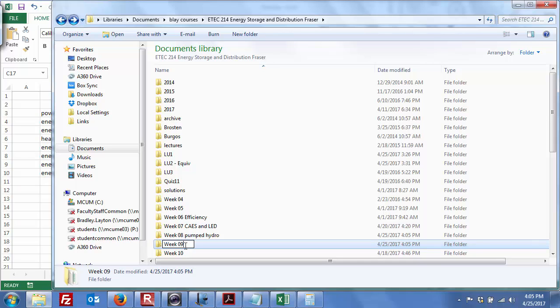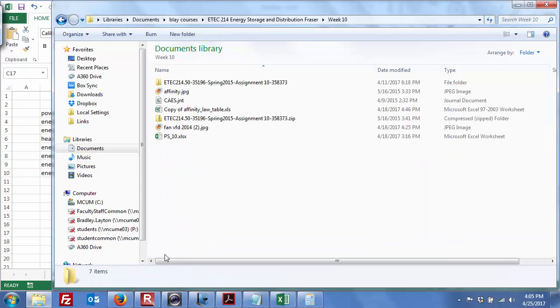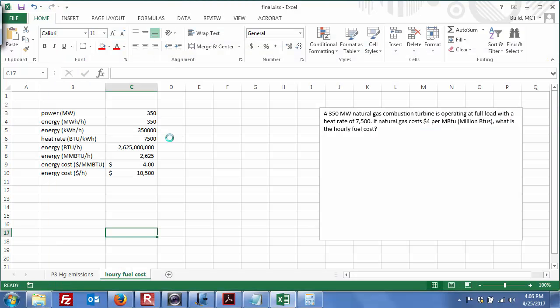I had them like week 1, week 2, week 3, week 4, week 5, week 7, week 8, and it just didn't help. So I went through them all and renamed them all. Good idea. Let's see what's in week 10. I also summarized them all for week 12.